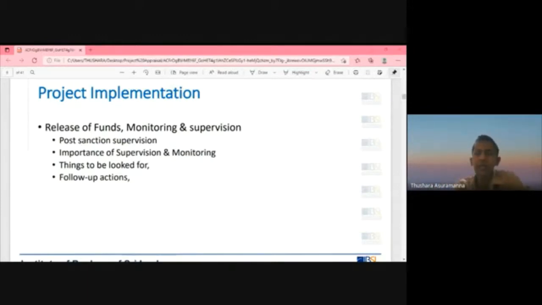implementation of the project. If we are not going to monitor the progress, supervise the progress, then we have an issue in properly completing the project. Then what are the areas, things to be looked for? There may be so many things, technical, financial, those things we will discuss under each feasibility.